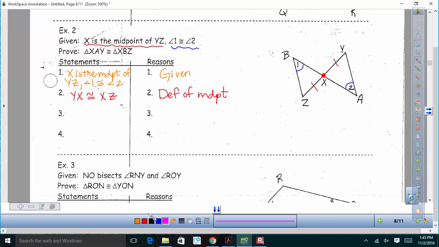So, what is the third step that I told you before? Implied by the picture. So we're looking for reflexive, vertical angles, isosceles triangle theorem. There are verticals because you can treat these as butterfly wings, so that means that these are vertical. Okay, so I need to write down what that means. If they're vertical, the angles are what? Congruent.